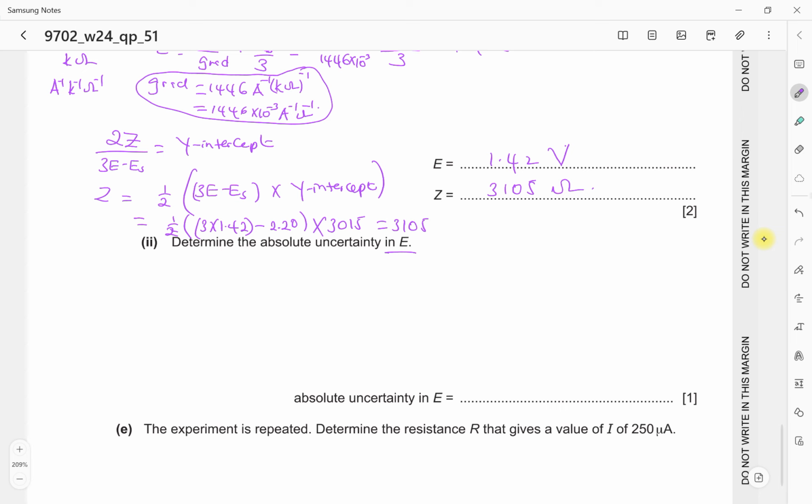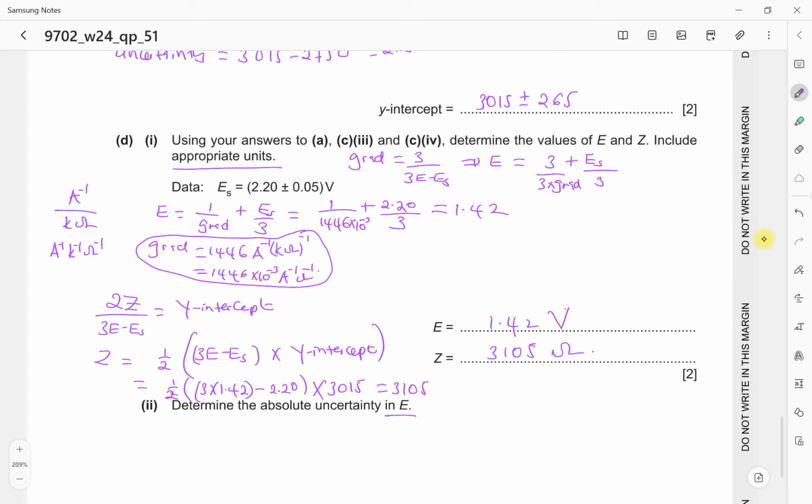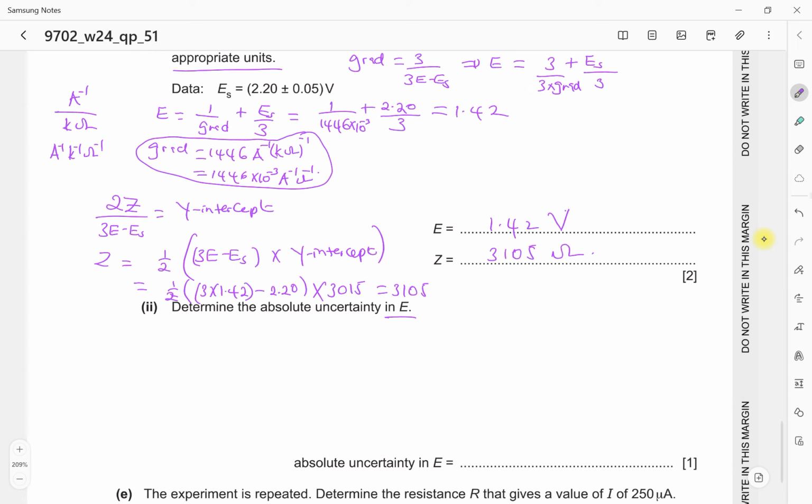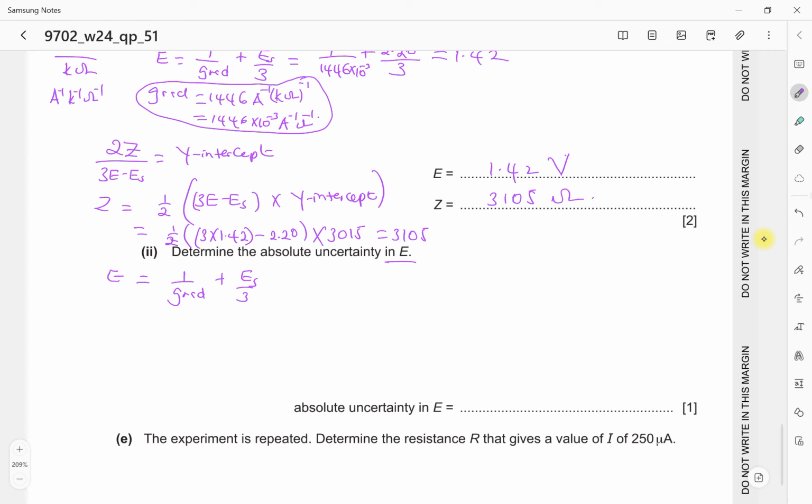Then determine the absolute uncertainty in E. For the absolute uncertainty in E, I'll use the first part of the gradient, which has E. So E is equal to 1 over the gradient plus ES over 3. I think this one is the easiest to get to the absolute.